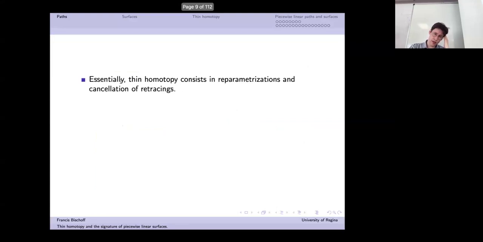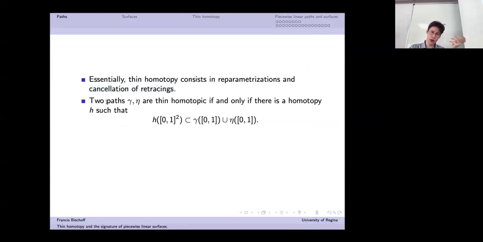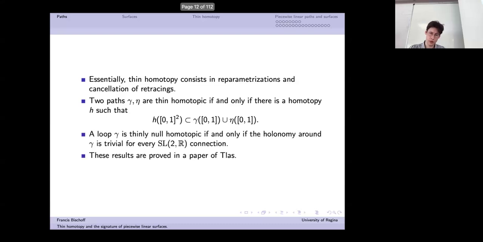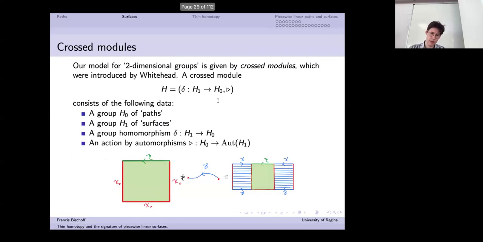And I just want to recall, thin homotopy of paths was reparameterizations and cancellation of retracings, and that was basically it. Also, two paths are thin homotopic if and only if you can find a homotopy whose image is contained in the union of the images of the two paths. Okay, so keep those in mind.